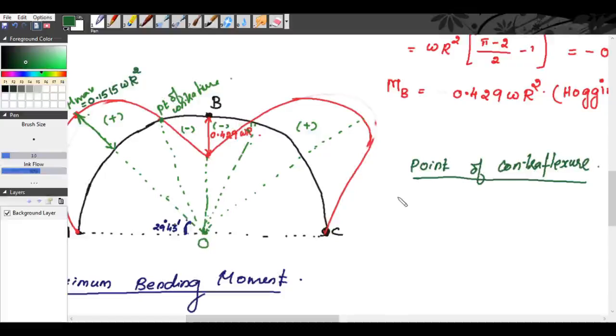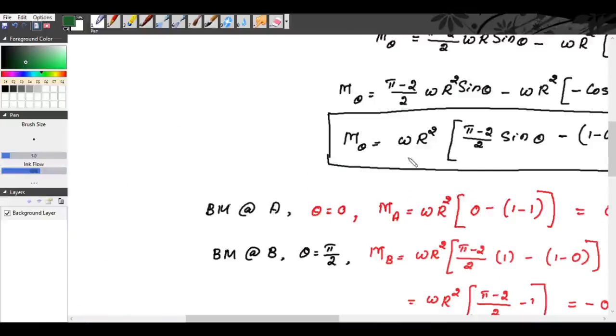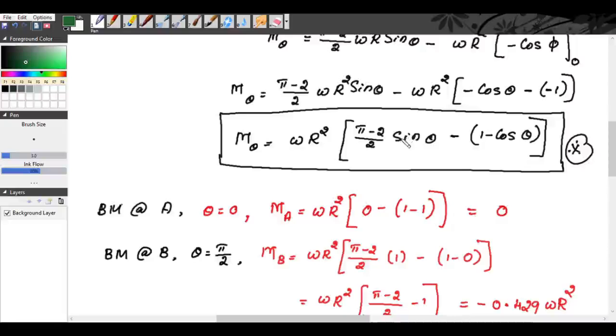So for finding the point of contraflexion, bending moment M theta will be equal to 0. So what is M theta? W r square into (pi minus 2)/2 sin theta minus (1 minus cos theta) will be equal to 0.